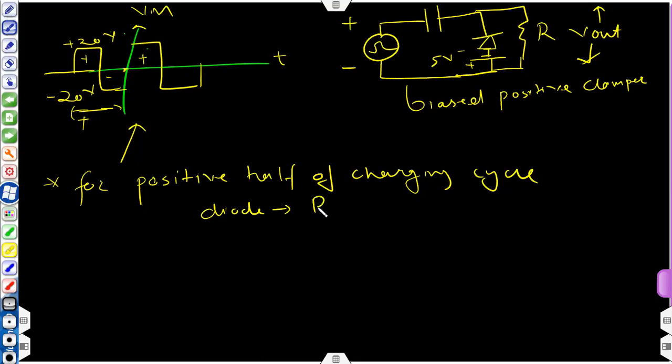The diode is reverse biased, hence we will consider it as off. That's it, no need to analyze it further.